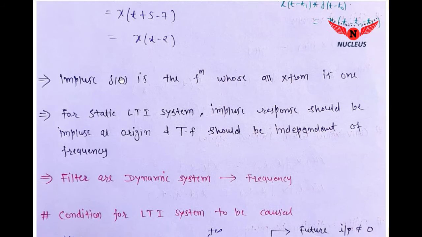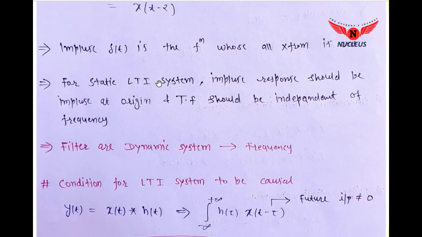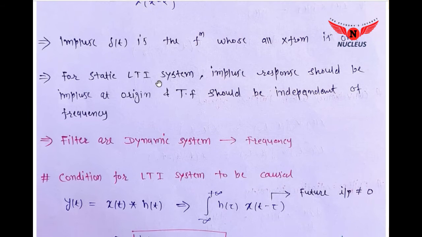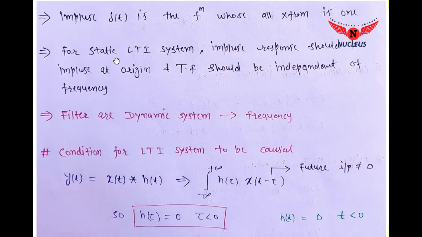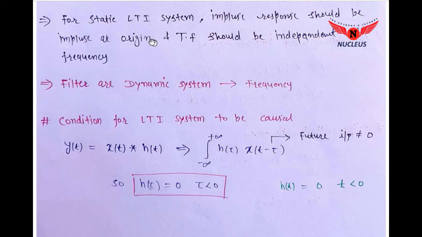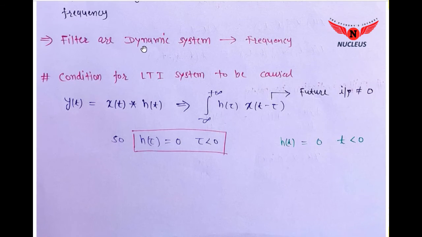For a static LTI system, or we can say a memoryless LTI system, the impulse response should be an impulse at the origin, or the transfer function should be independent of frequency. This is for a memoryless LTI system. Remember these things. The static system is a memoryless system. Filters are dynamic systems because they depend on the frequency.